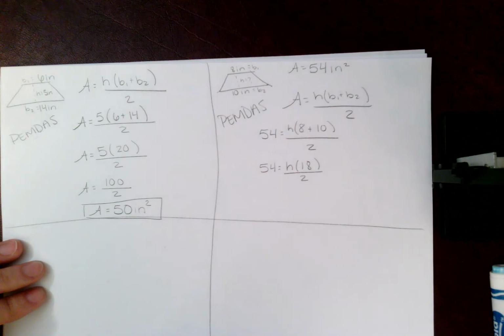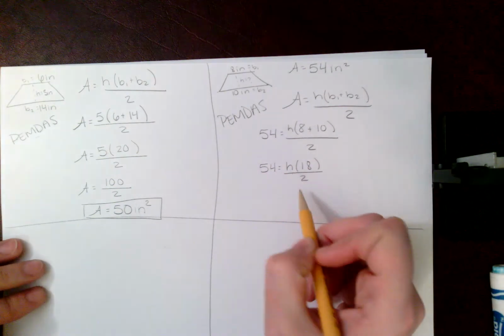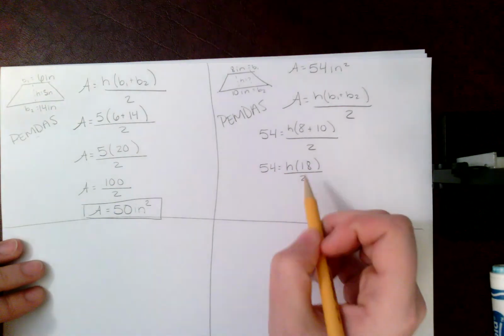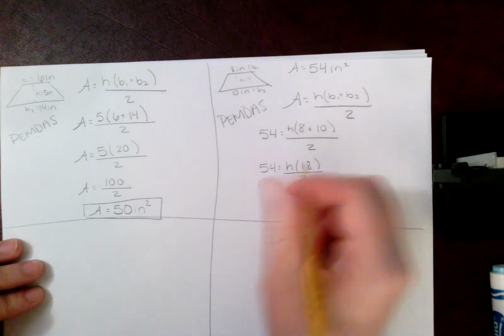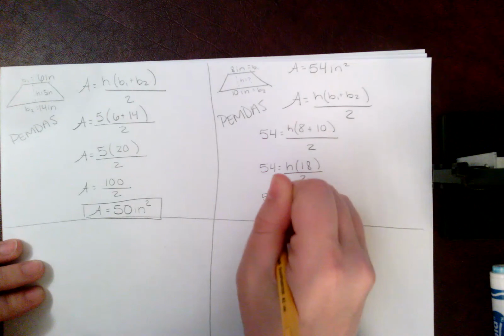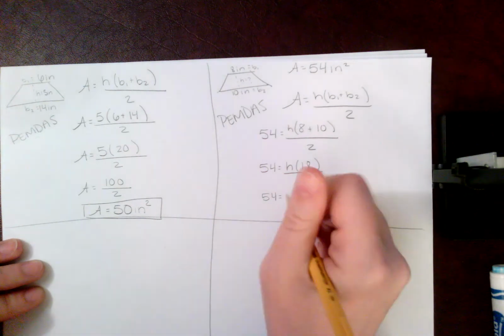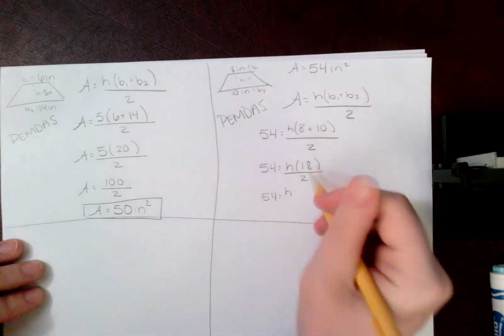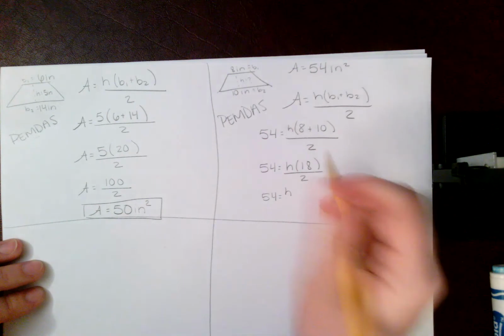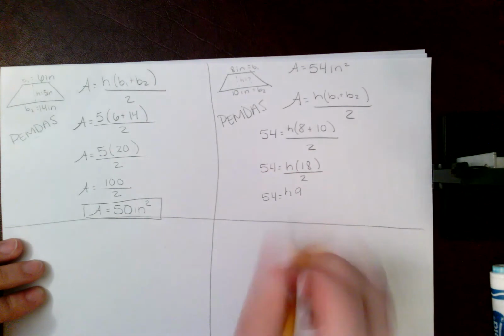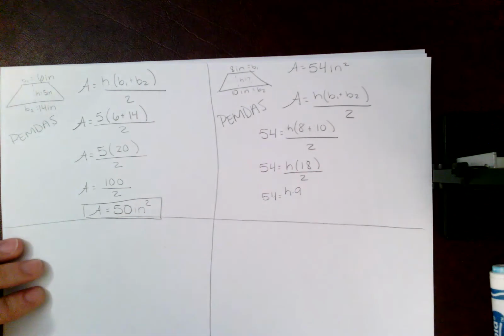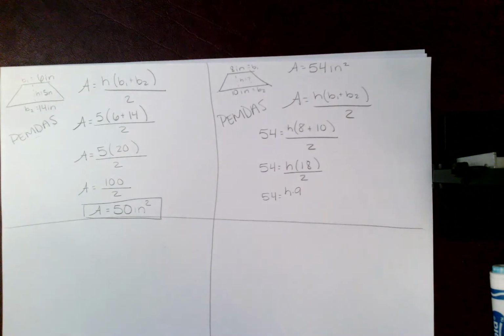So now, what do I do next? I can't divide H by 2, but I could divide 18 by 2. So that's what I'm going to do next to simplify this equation even further. 54 equals H, and 18 divided by 2 is 9. So 54 equals H times 9 is what I have now. But we want H by itself.